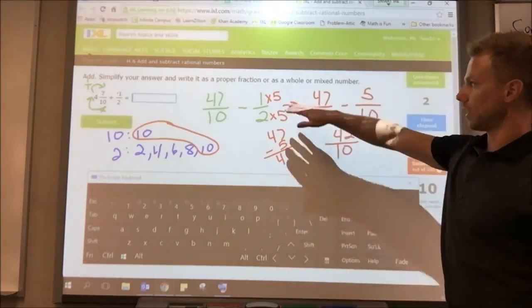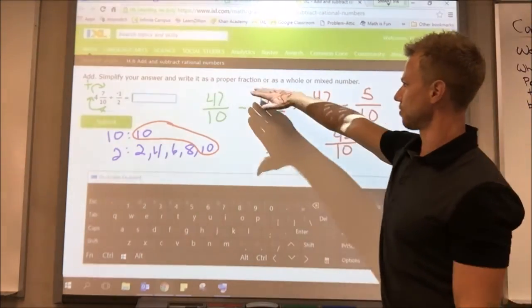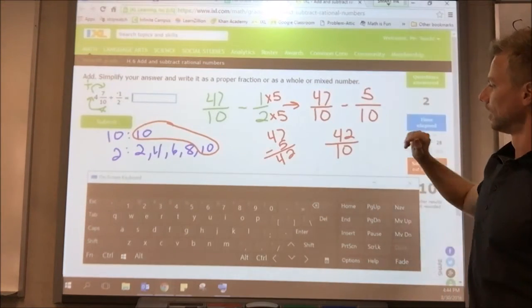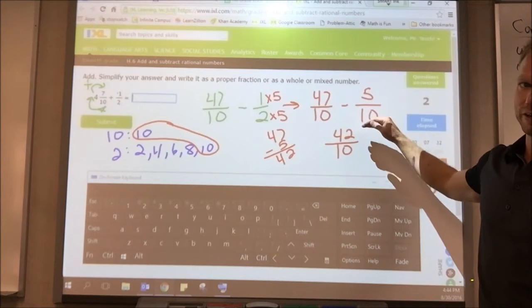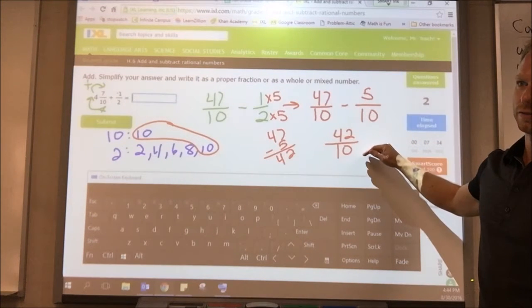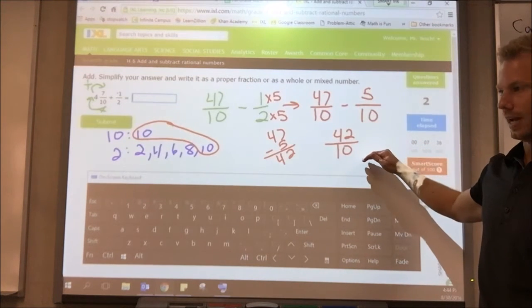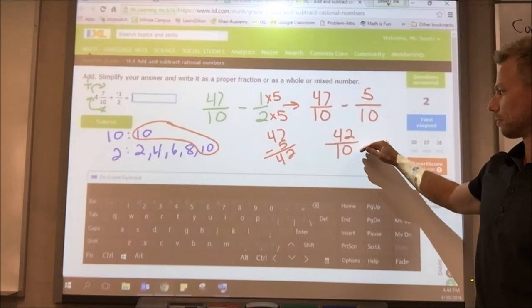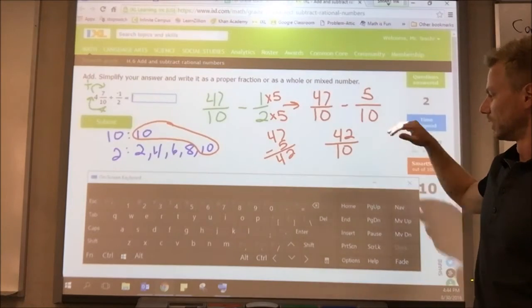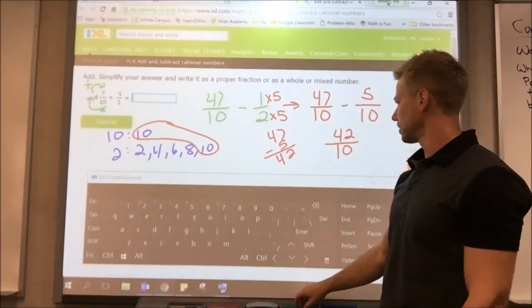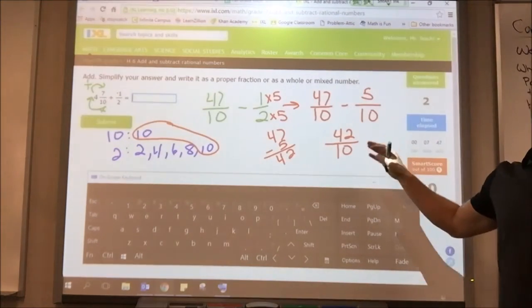Okay, now it says that we have to write our answer as a proper fraction, whole number, or mixed number. This is not a proper fraction because the numerator is bigger than the denominator. Okay, that's an improper fraction, so we have to change that into a mixed number. So we have to think, how many times does 10 go into 40 evenly?